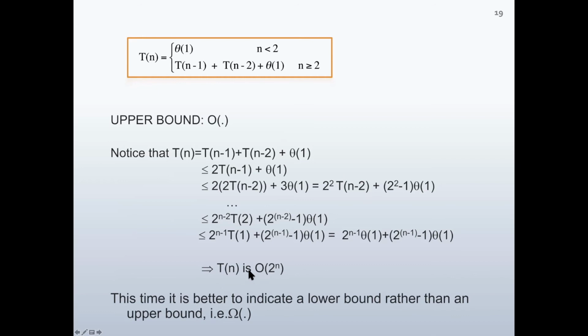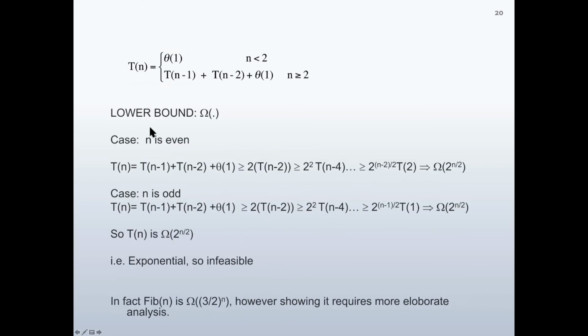Therefore, instead of using the upper bound, we have to find out what is the lower bound. That is, we have to find out what is the omega complexity of T(n). Again, we are considering the recurrence relation and we are trying to find the lower bound.